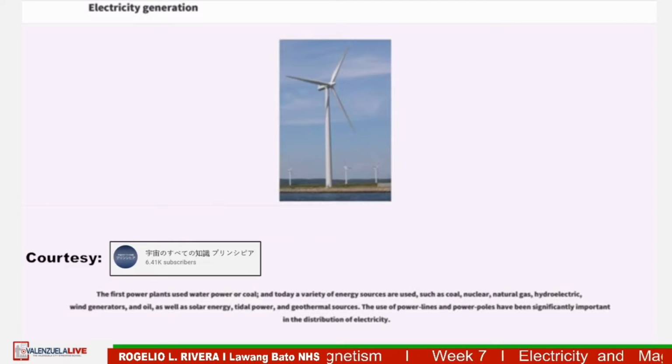The first power plants used water power or coal, and today a variety of energy sources are used, such as coal, nuclear, natural gas, hydroelectric, wind generators, and oil, as well as solar energy, tidal power, and geothermal sources. The use of power lines and power poles have been significantly important in the distribution of electricity.